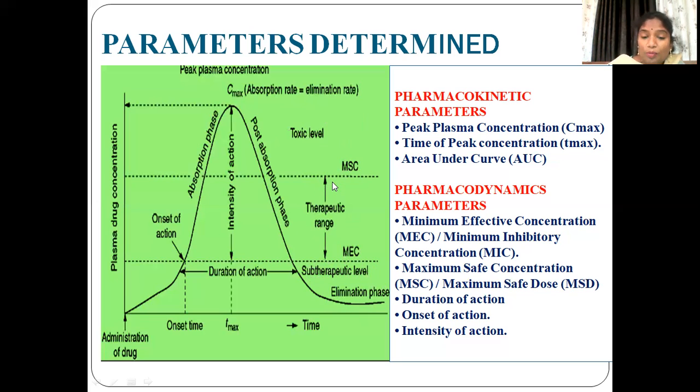Between the MSC level and the MEC level is what we need for the therapeutic action, that is, to cure the disease. To treat the disease, it should be in between the MEC level and MSC level. That range we call the therapeutic range.